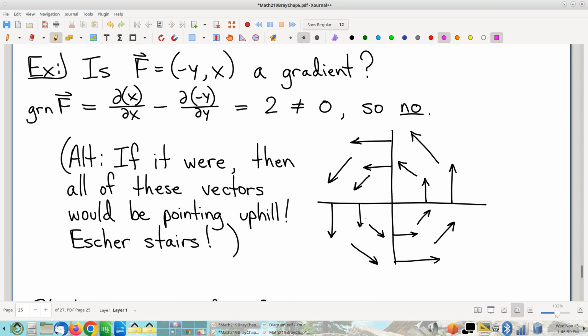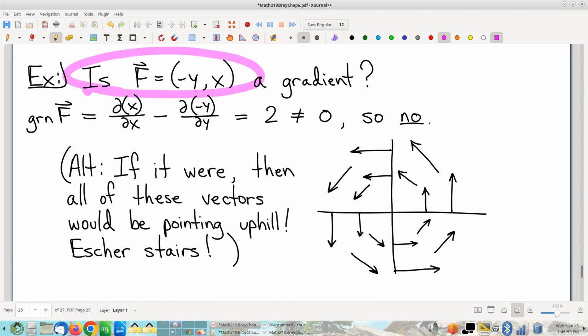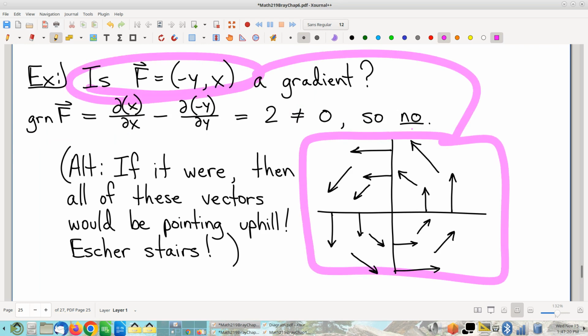Here's a 2-dimensional example. Let's look at this vector field. Well, 2-dimensional, Green's operator is our local test. We compute it. We get 2, which is not 0. So again, not possible for this to be a gradient. And this is basically repeating the Escher-Stairs story here. Hypothetically, if this were a gradient, that would mean that all of these vectors would be pointing uphill. Well, that's crazy.